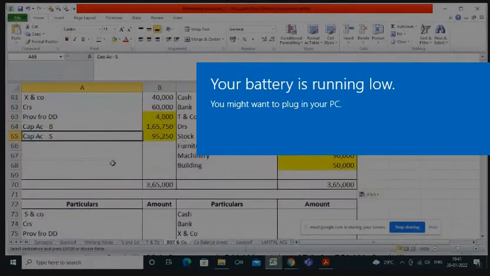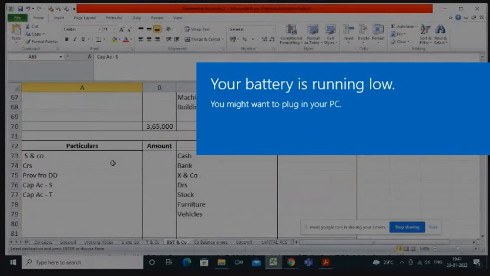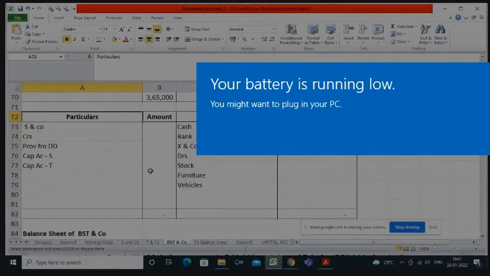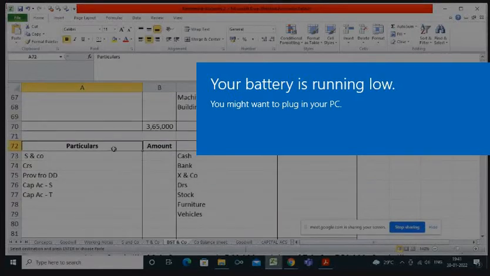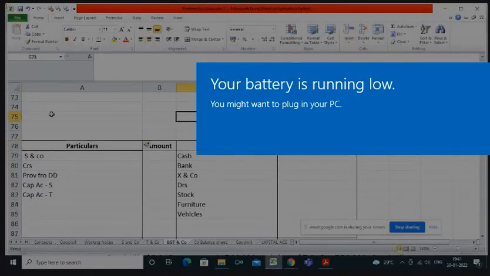So I have the revised balance sheet of S and Co. Now I will have the revised balance sheet of T and Co as well. I will delete this.